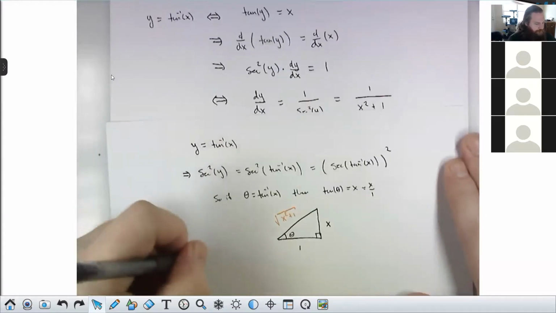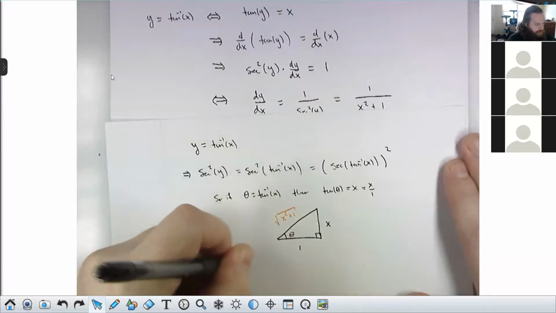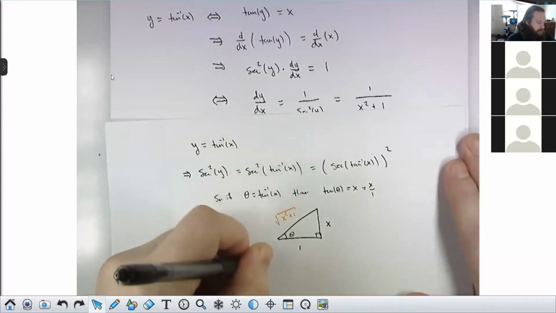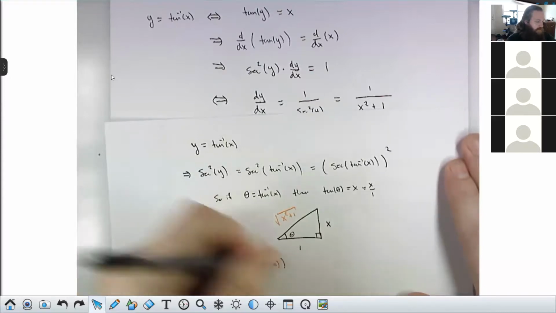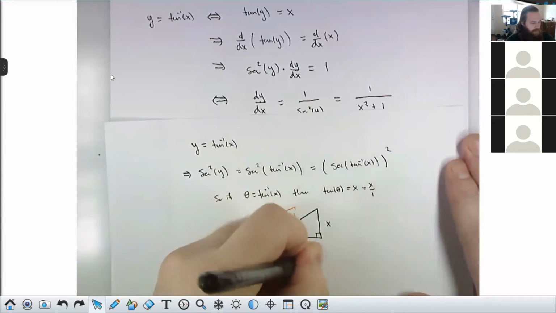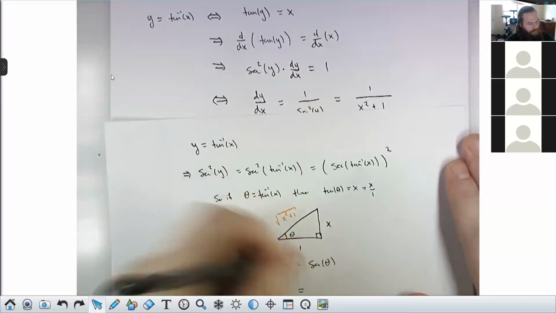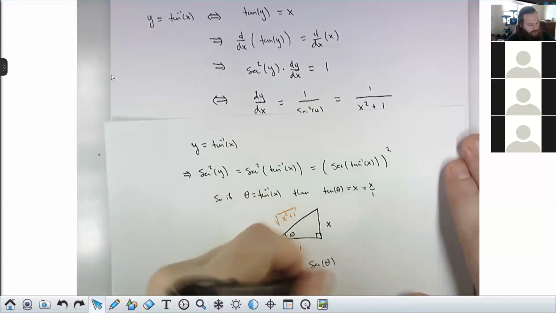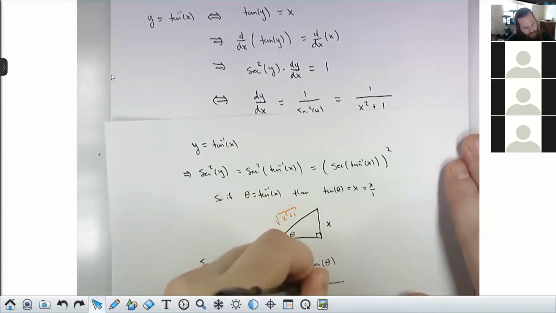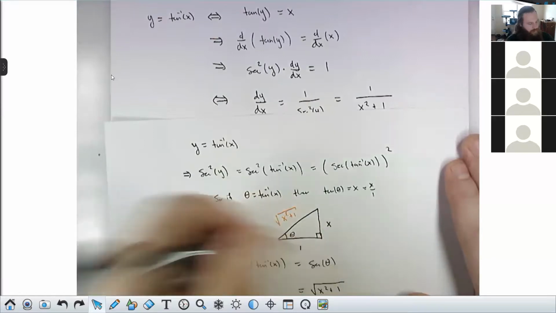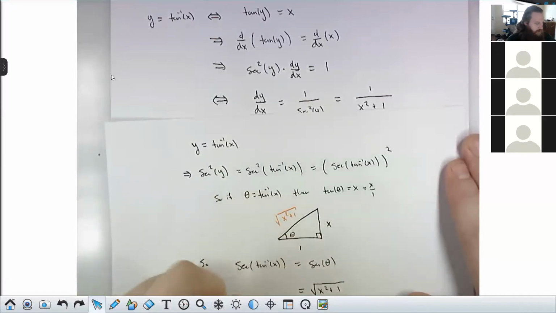So secant of the inverse tangent of x is the same as secant of theta, which is the hypotenuse over the adjacent. So secant squared of the inverse tangent of x is this expression squared.